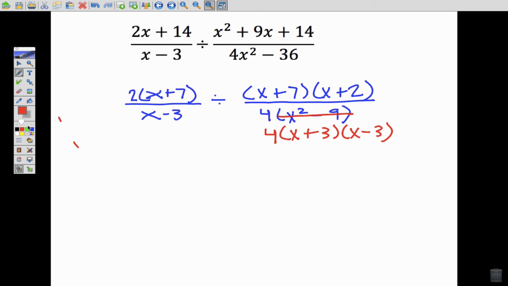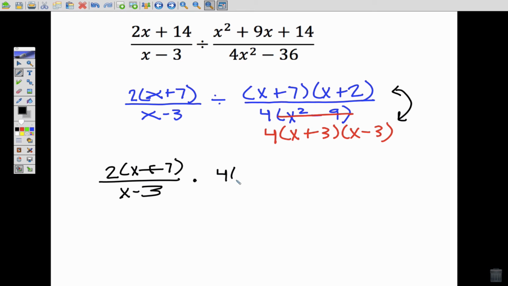Okay, and then the next thing we're going to do is keep the first fraction, or leave the first fraction alone. This pen, it's not good. Okay, and then we're going to switch it to multiplication of the reciprocal. So we're just flipping this fraction top and bottom.